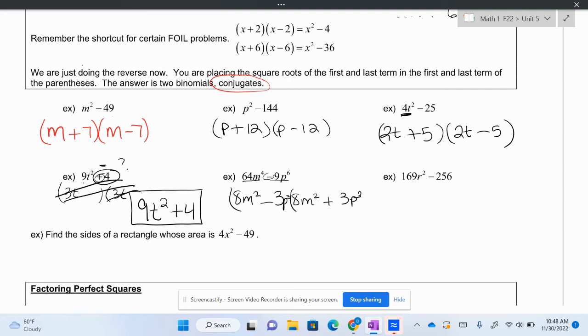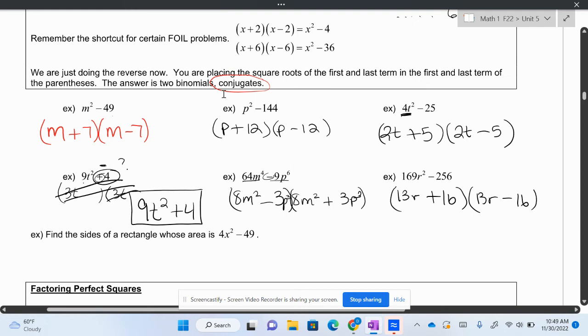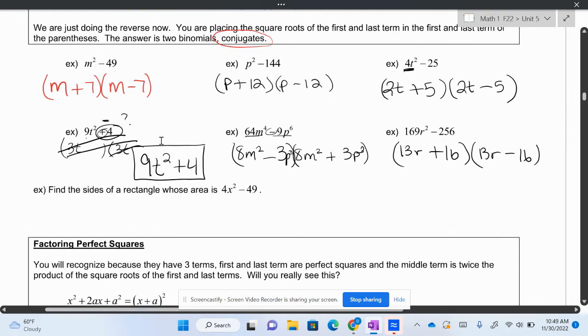Join one with a plus, one with a minus. Let's see, 169, well, that's 13. R squared is R, so I have 13R times 13R. 256, well, that's 16 plus 16 minus 16. Okay, so that's what the difference of squares look like.